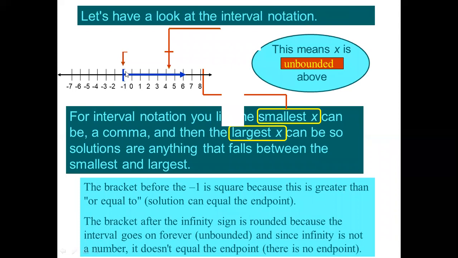The bracket we are using in front of -1 shows that x is either equal to or greater than it. That means this is the starting point as well as an included point. So the endpoint is included here.